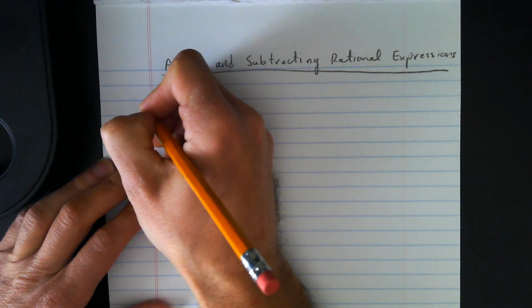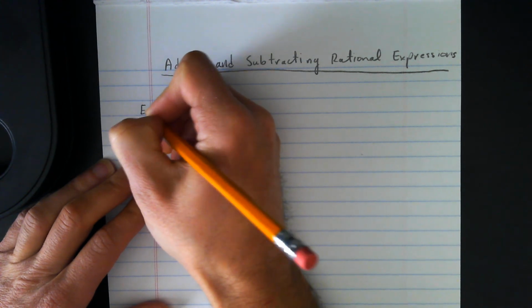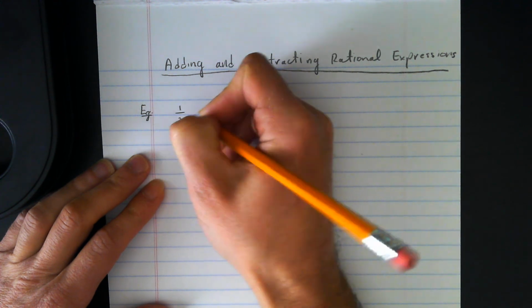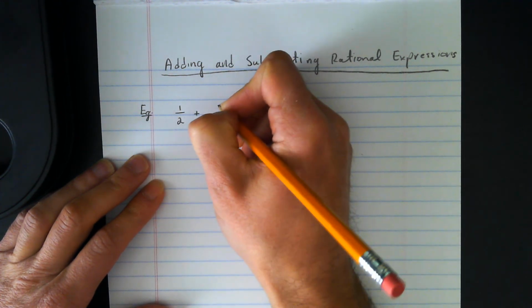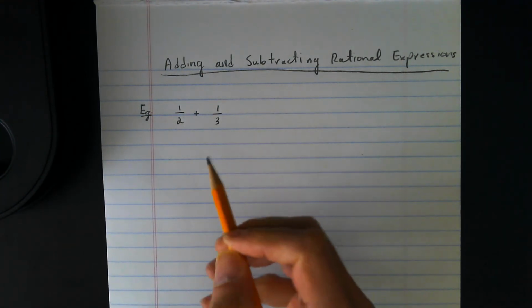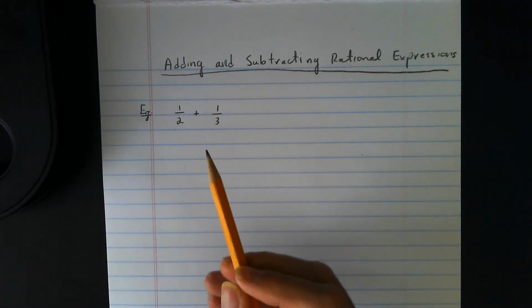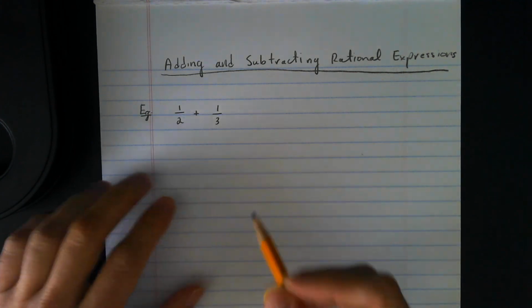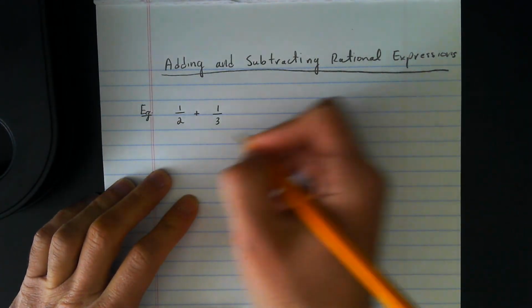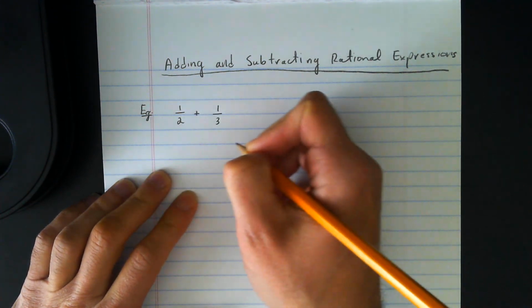Okay, suppose I ask you to add 1/2 plus 1/3. As you probably recall, we need to build a common denominator here. So what is my common denominator? We want the smallest common denominator, or the least common denominator.